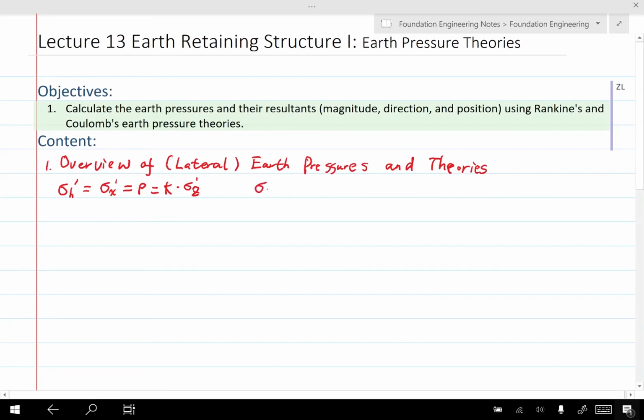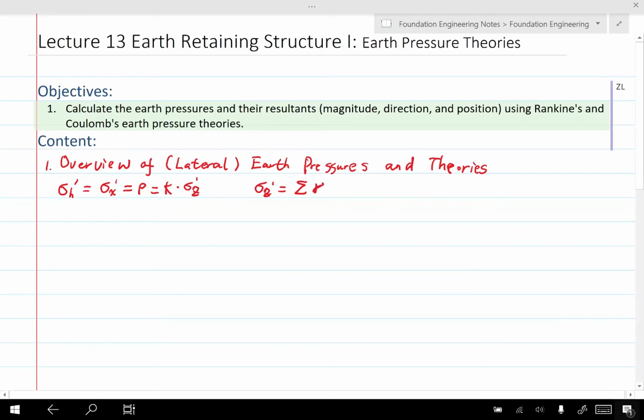The sigma Z prime, the vertical stress, can be calculated based on the unit weight of the soil above the point of interest and the thickness of the soil layers above that point. The equation can be simply written as a summation, because we may have multiple soil layers above that point.